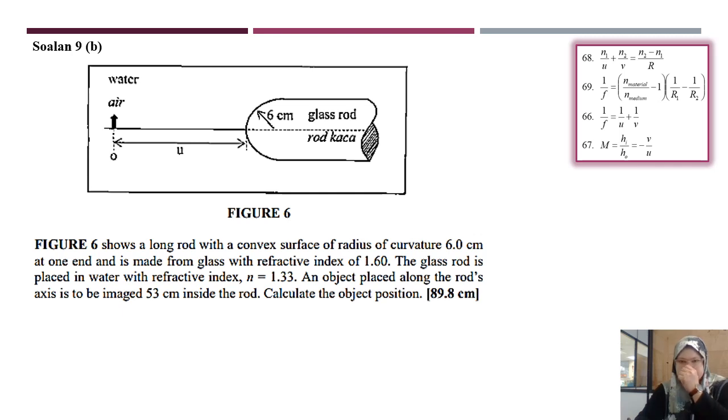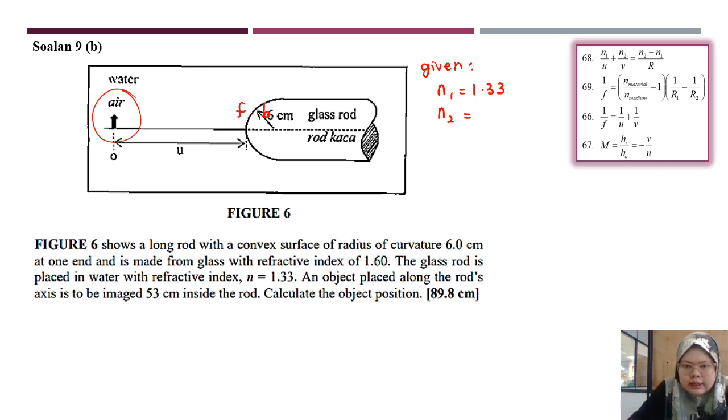According to the information given here, the object is located in front of the convex surface. So this is the front, and this is the back. So our N1 is water, 1.33, and the second index of refraction is glass, which is 1.60.